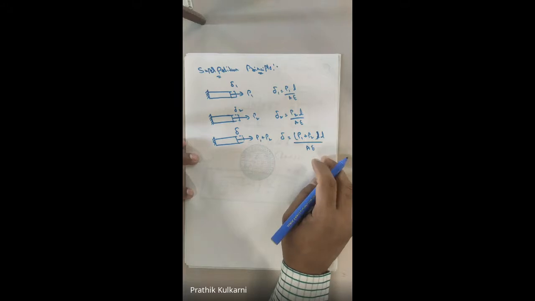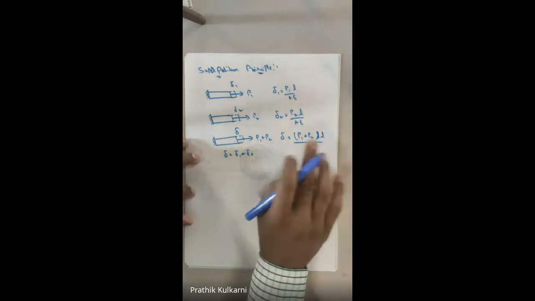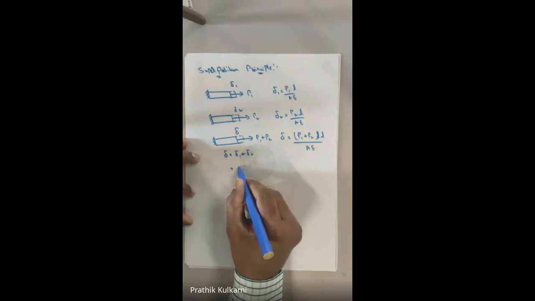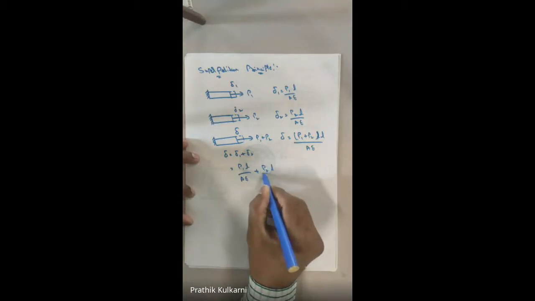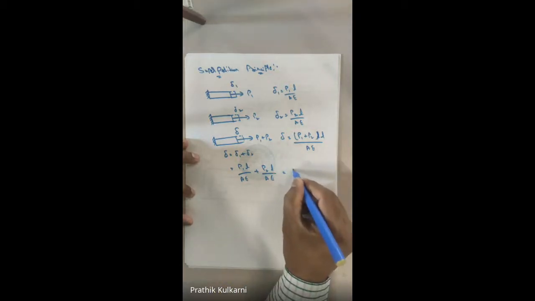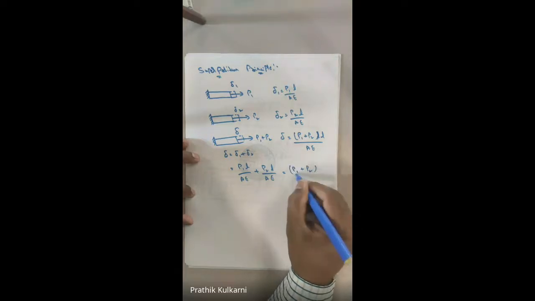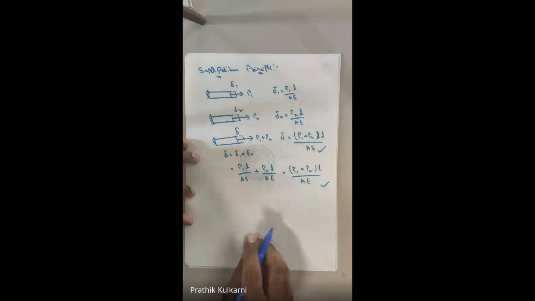So here, that's what I said: delta is equal to delta 1 plus delta 2. Yes or no? If I add these two and I get the same answer, then it is correct. So if I take P1 L by AE plus P2 L by AE, L by AE is common. So can I write it as P1 plus P2 into L by AE, which is the same? Yes or no?